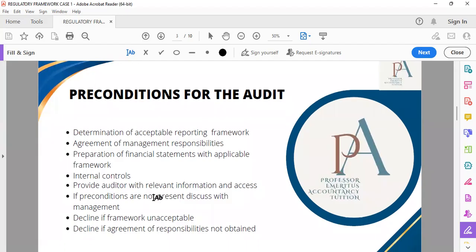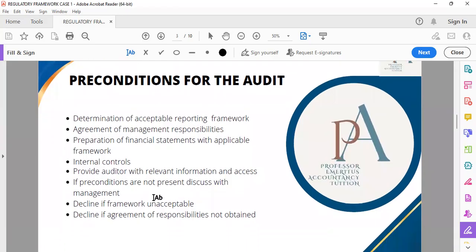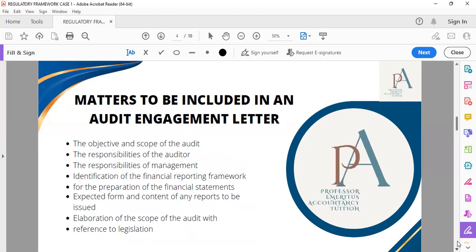The next question that we have been asked, the C part, had asked us to state the matters that should be included in an engagement letter. The engagement letter actually is a contract between the audit firm and the company which they are auditing.